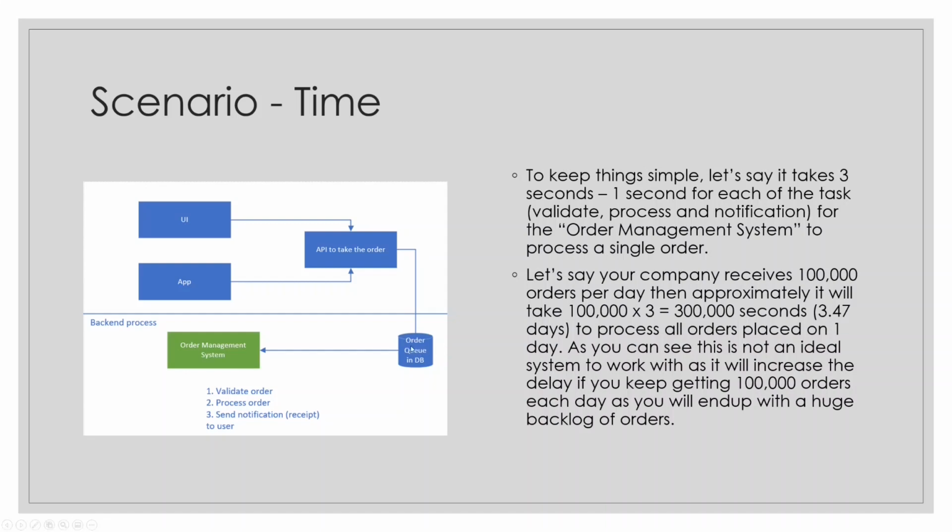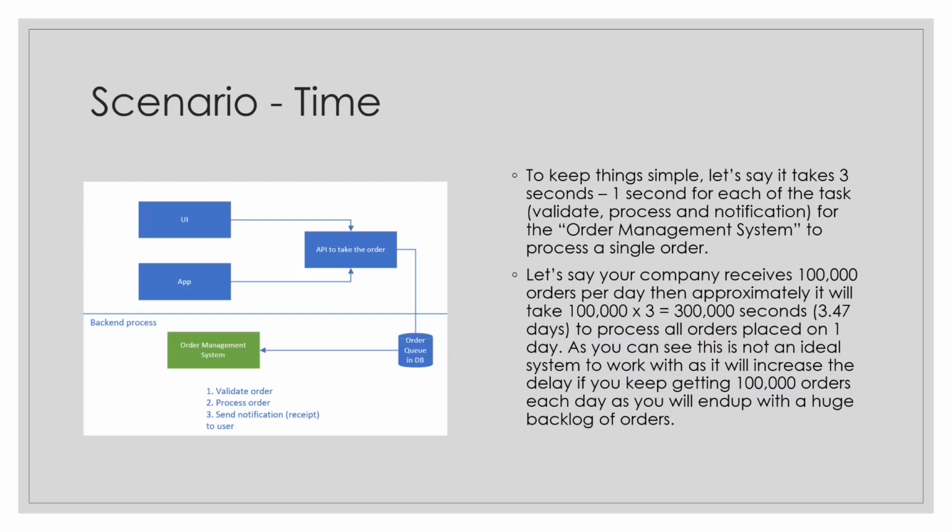So let's say that your company is going to receive about 100,000 orders per day. Then for this system to process all those orders, it's going to take 3 seconds per order, which means 300,000 seconds, which means it's going to take approximately 3.5 days to process all the orders that you receive on any given day, which, as you can imagine, is not a good system.